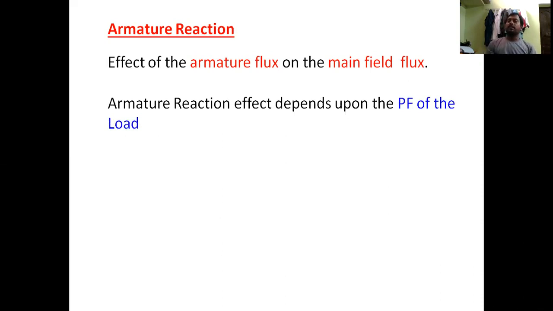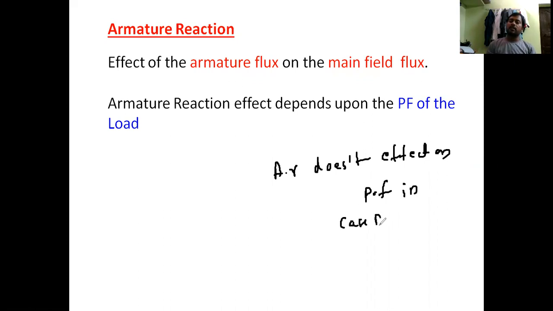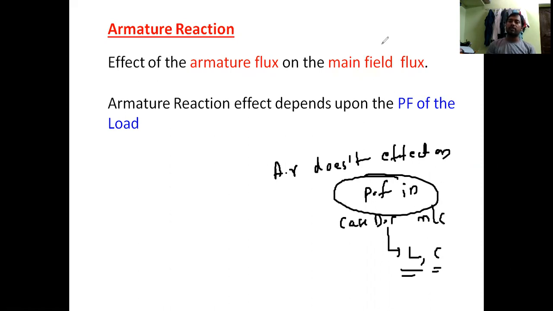I already discussed the initial stage, and armature reaction does not depend on power factor in a DC machine, because DC machines are not affected by inductance and capacitance effects. That's why it is independent of power factor.